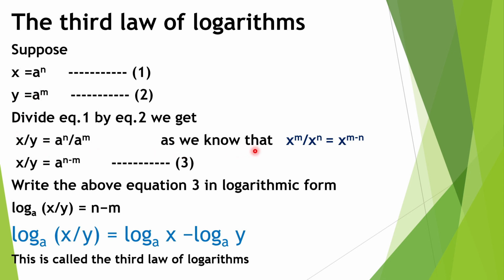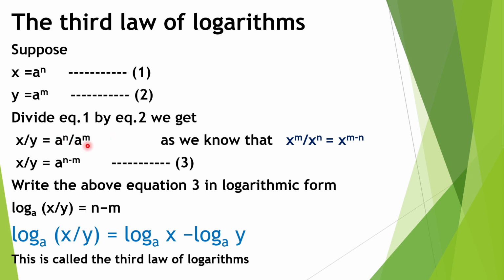As we know that x power m divided by x power n, this is also an exponent rule, called the quotient rule in exponent laws. So if an equation is in a form like this, as the base of both values is the same, we will take a as common.